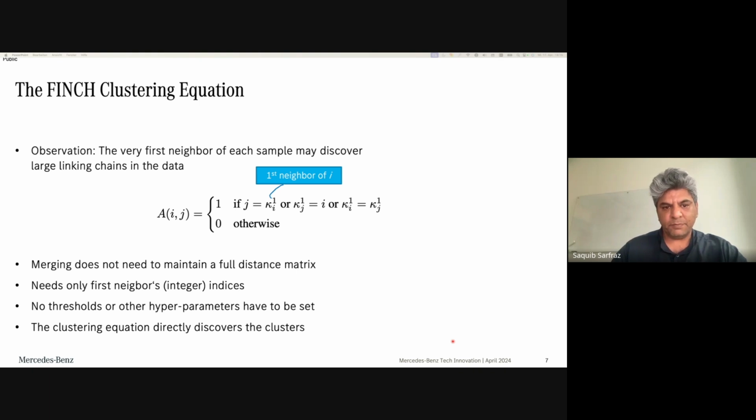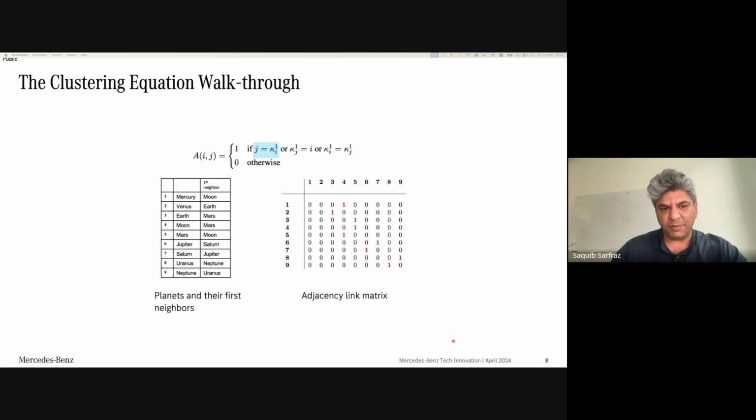Just to understand better how it functions, in the paper we describe this small walkthrough, and I find it often useful because one can really see what is happening there, right? To understand how the large clusters are actually formed, we can look at this small tractable example of clustering the planets in our solar system.